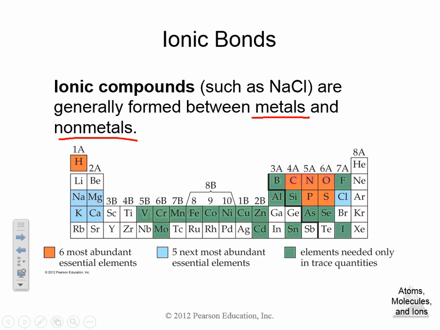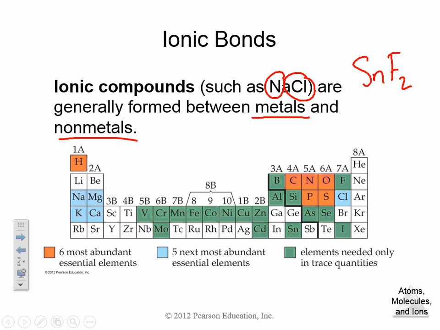So you know that table salt, NaCl, is an ionic bond, but you know that just from common knowledge from last year. Na is a metal, Cl is a nonmetal. So that kind of works, but they may give you a compound like, let's see here, tin fluoride.